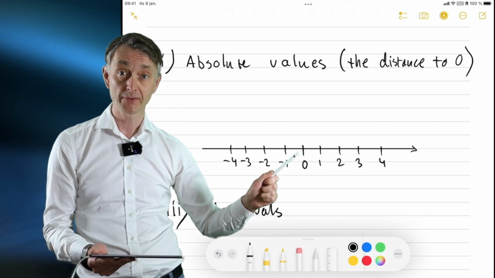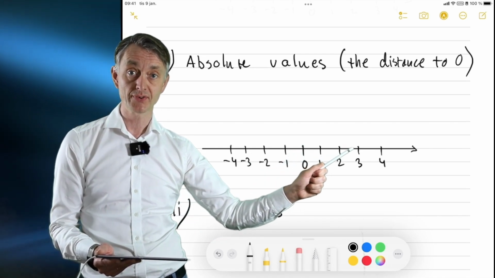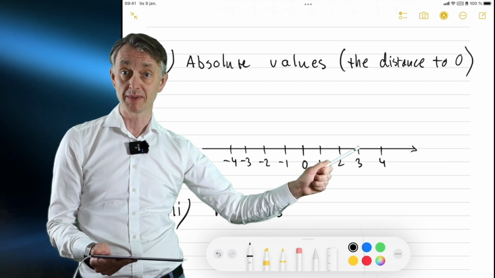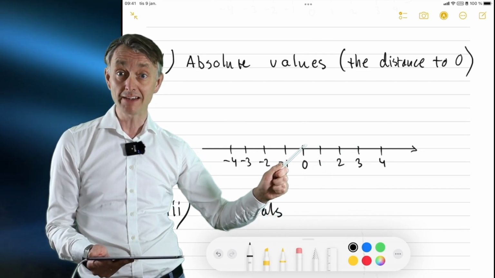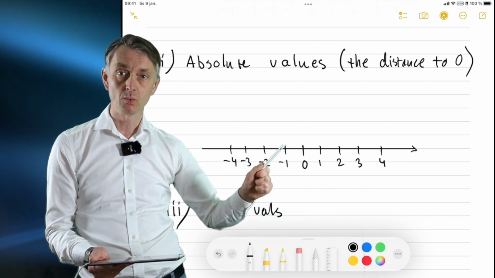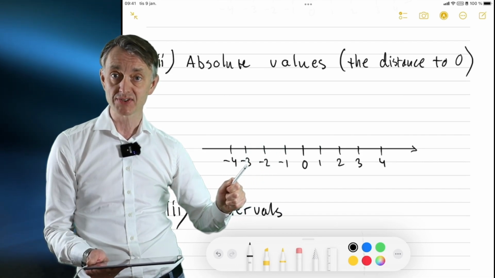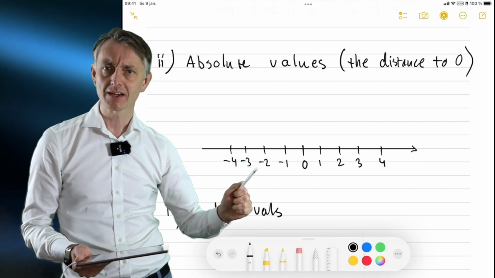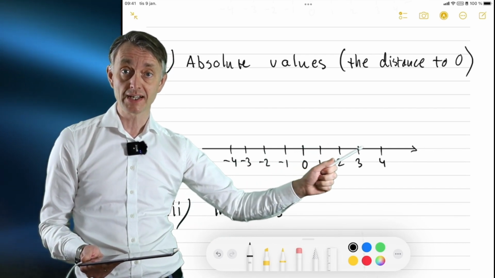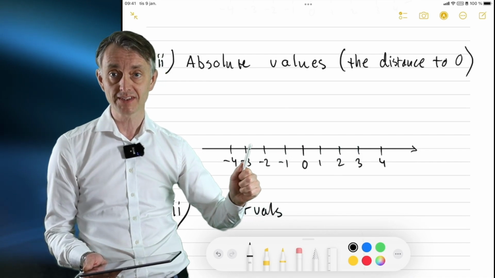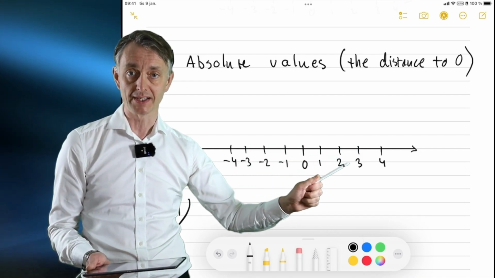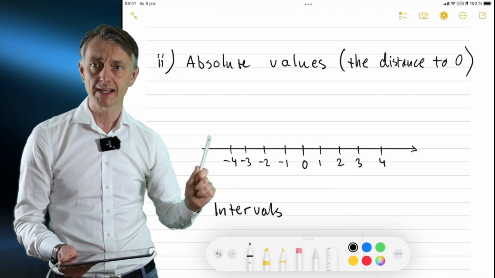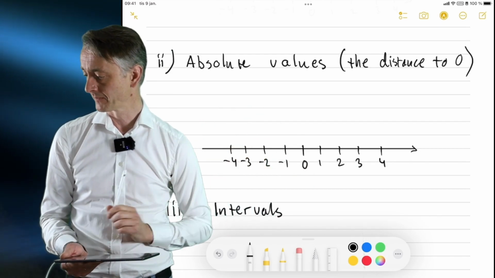So for example, if I go 3 steps to the right, 1, 2, 3, I'm going to be at 3. If I go 3 steps to the left, if you think of this as a map, 1, 2, 3, I'm going to be at minus 3. So there is something in common between going 3 steps to the right or 3 steps to the left, even though we end up at minus 3 or plus 3. That is the distance to 0.